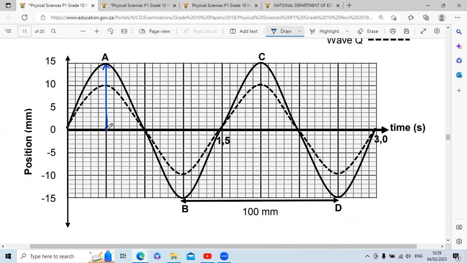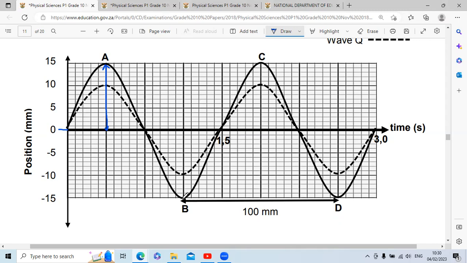So the amplitude is gonna start at the equilibrium, which is mostly gonna be a zero position, and it's gonna go all the way up to the highest point on your wave. So from 0 to 15, that's gonna be our amplitude.